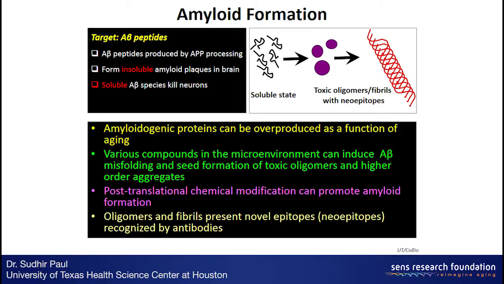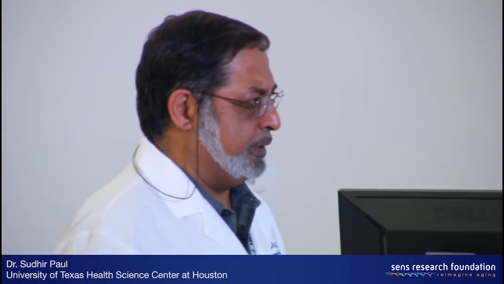And it takes only a little bit of a misfolded molecule of the amyloid beta peptide to act as a seed around which a lot of additional molecules can misfold. In fact, people make analogies between amyloid beta peptide aggregation and prion disease.